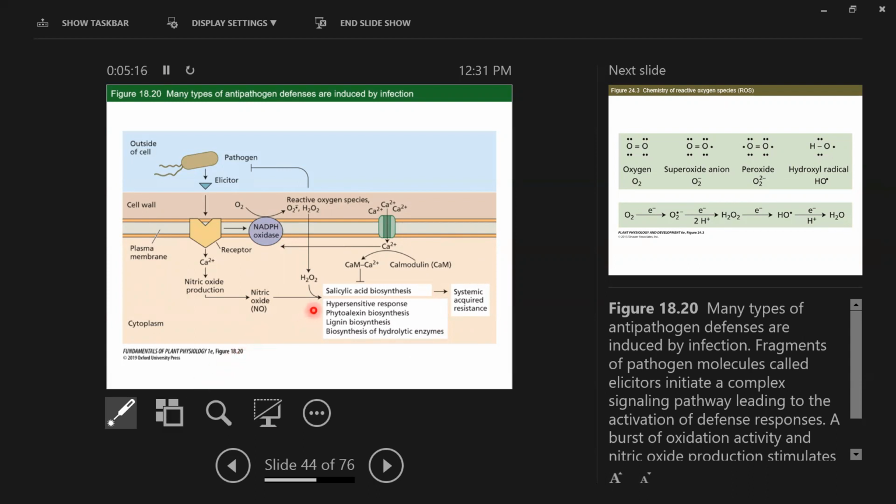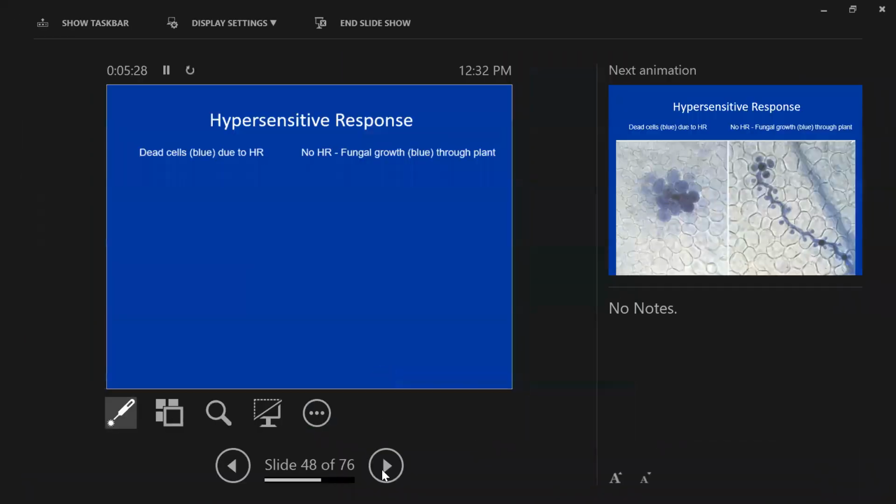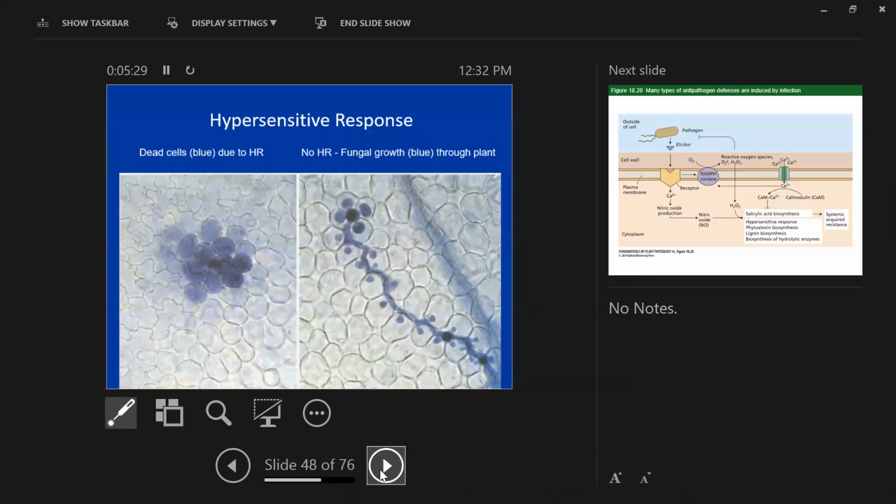Knowing the hypersensitive response, that's the one where you get a lot of local cell death, right where the pathogen is. So the plant will essentially tell those cells to commit suicide right where the pathogen is to try to limit spread. And then it sucks away all the nutrients from the pathogen.